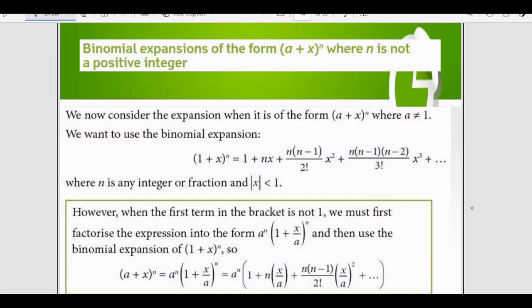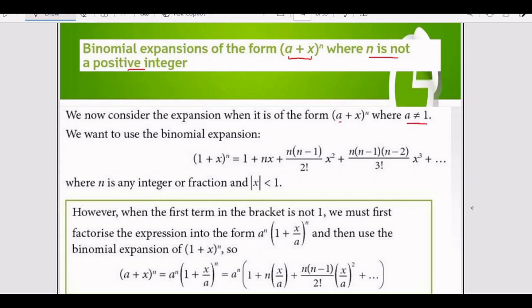Now next we have binomial expansion of the form a plus x power n, where n is not a positive integer. So it's the same sequence like in the series when n is not a positive integer. Now we consider the expansion when it is of the form this where a is not equal to 1.